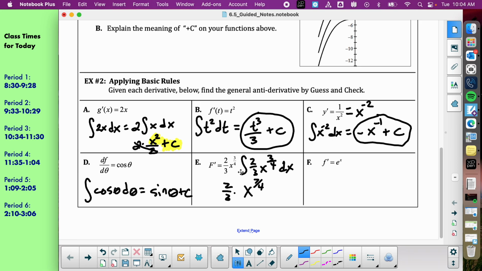No, what you're saying is perfect. So the 2/3 doesn't really affect the answer in any which way other than it'll be part of the answer. So once you make it to the 7/4 power, you technically divide by 7/4, exactly like you said, which is the same thing as multiplying by 4/7. And yes, plus c. So this will be 8/21, which is what I think you said the first time, yeah.